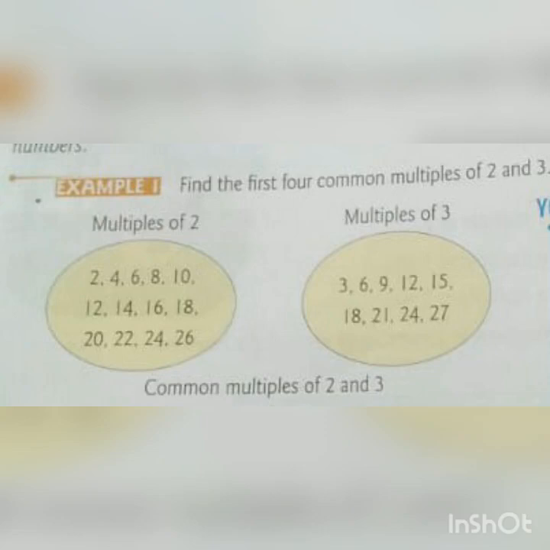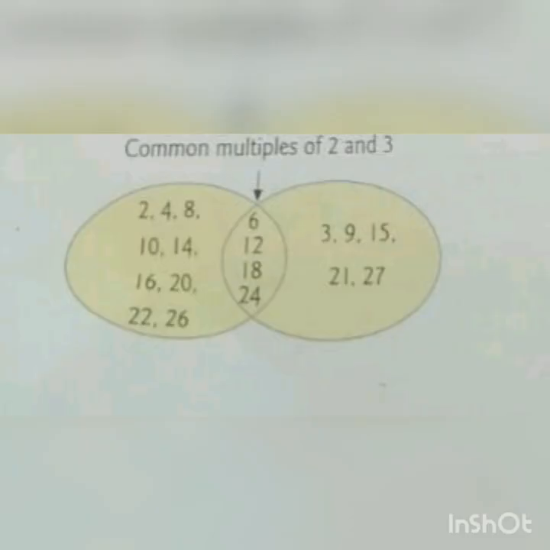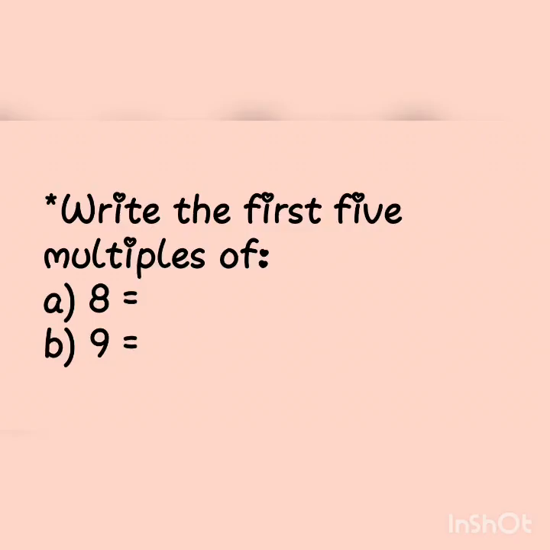Now we are going to find the common multiples of both the numbers. Children, now here we are going to write all the common multiples of 2 and 3, that is 6, 12, 18 and 24 in the small circle of both the multiples. See how it is written.